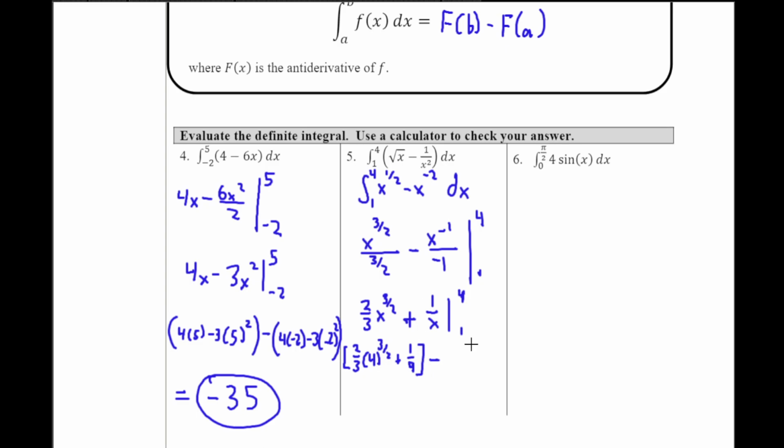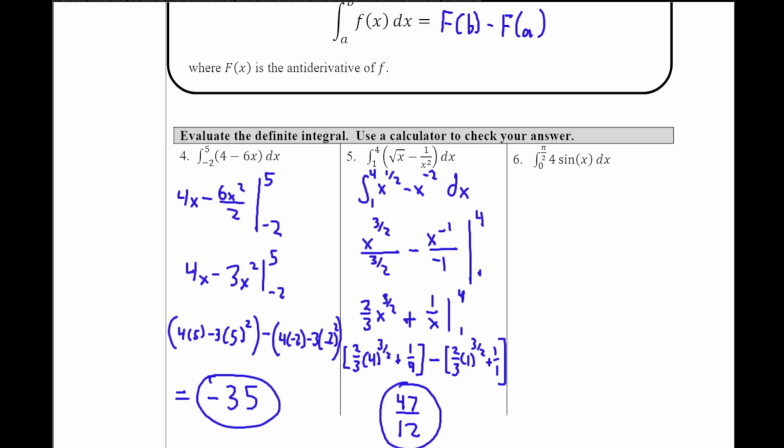Minus 2/3 times 1 to the 3/2 plus 1 over 1. If you continue from here and put it in the calculator, you end up getting an answer of 47 over 12, or the decimal equivalent.